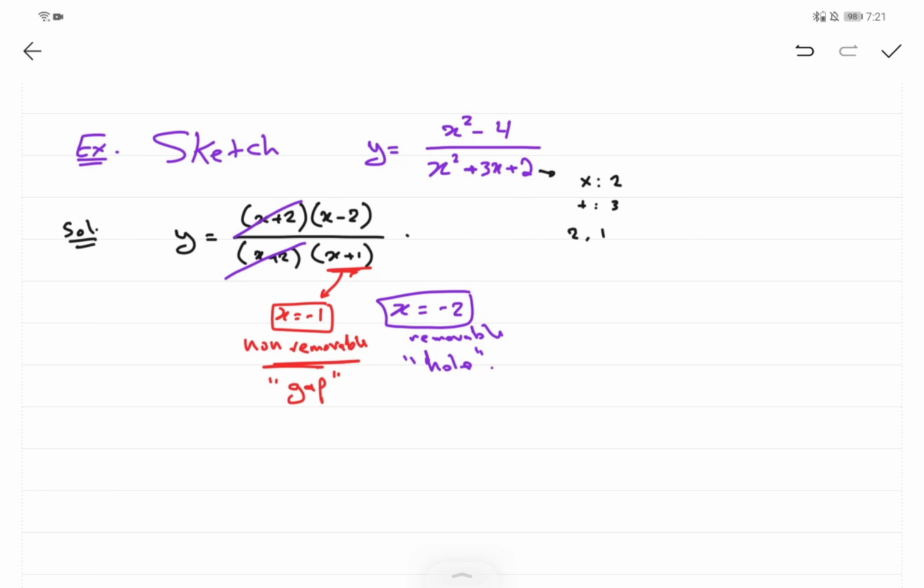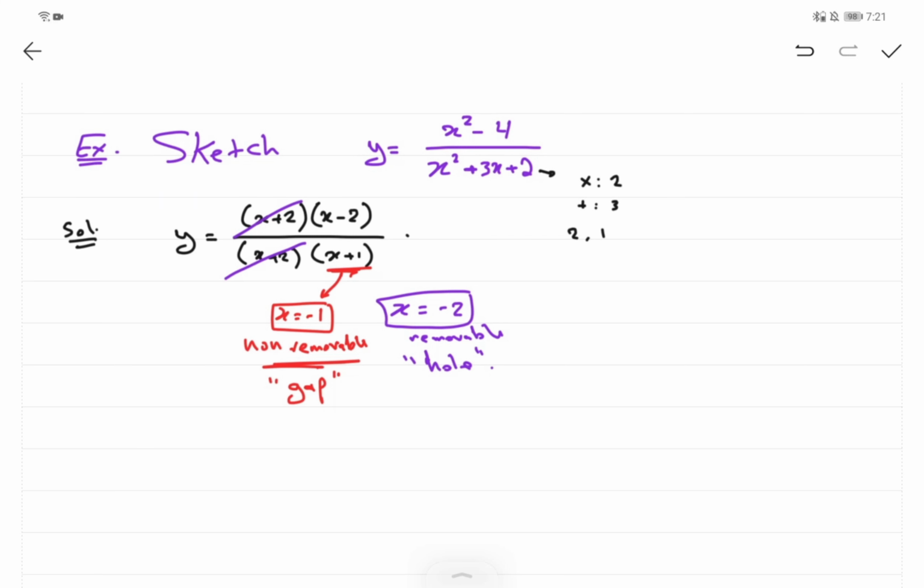Now to graph this mixed question, let's say mixed question because we have hole and gap at the same time, you need to start graphing the gap. So remember, we need to find the x-intercept, y-intercept, and the horizontal asymptote and the vertical asymptote.